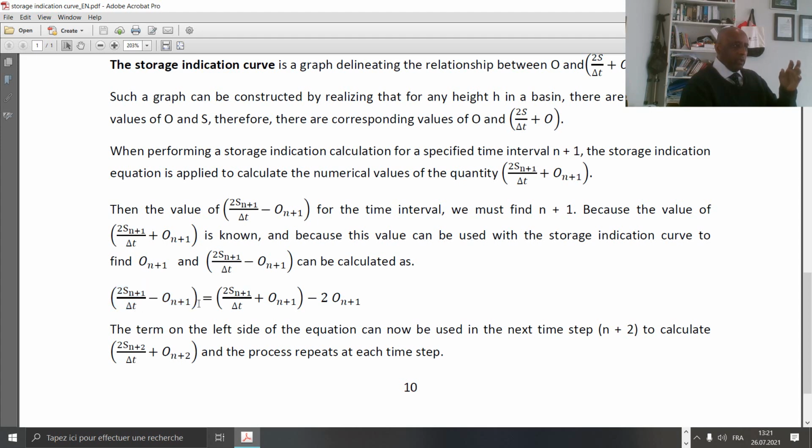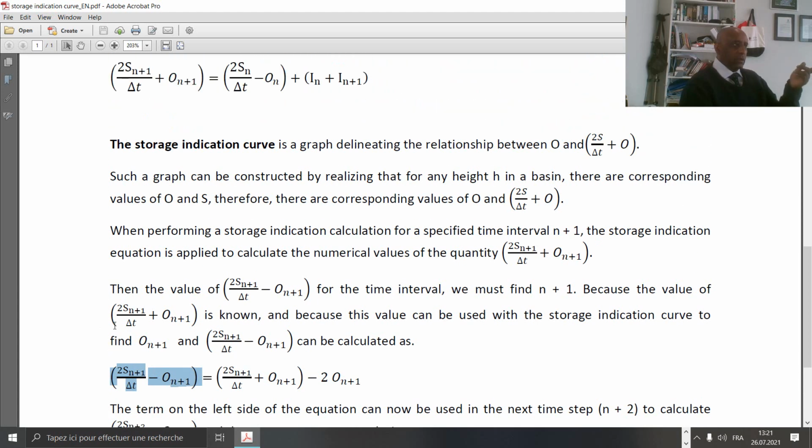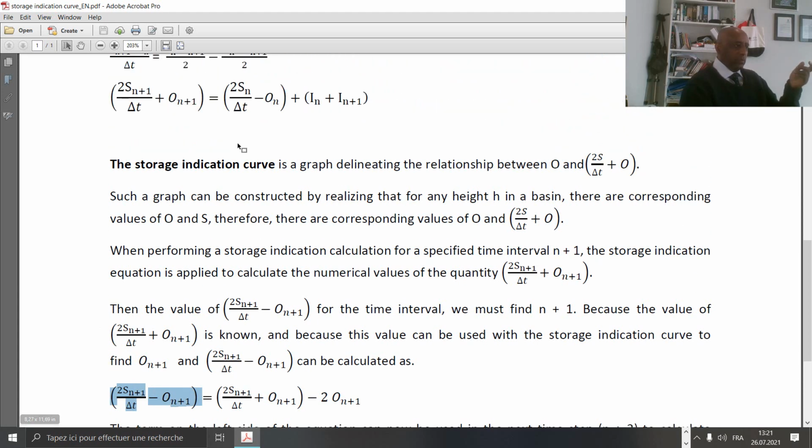That will be substituted in the next row. It means we'll take this one and replace it here. By the time we replace it, this one will be 2S n plus 1. That will be the next equation.